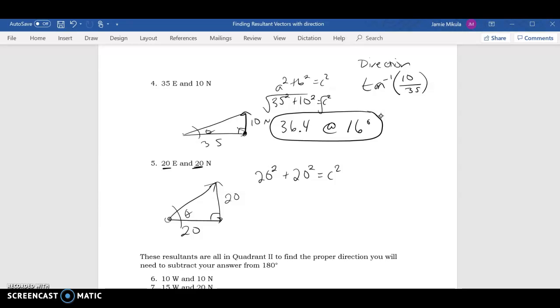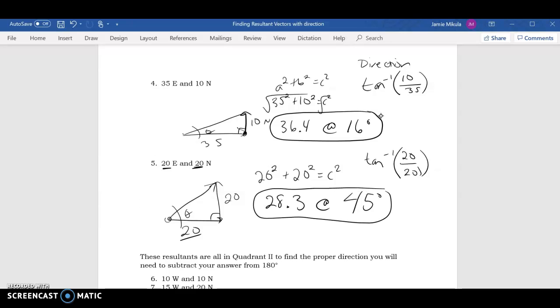Square root of that is 28.28, so I'm going to say 28.3 at, and then if we do tan to the negative 1 of 20 over 20, you get second tan, 20 divided by 20, you get 45 degrees. And again, the sides are equal, so that means that it's going to be 45 degrees.